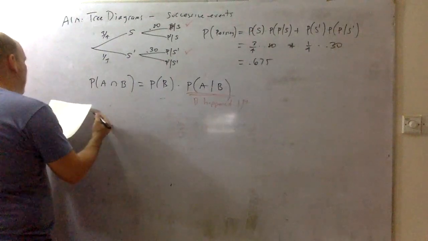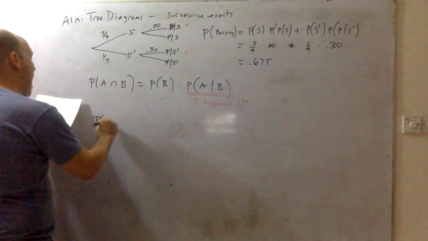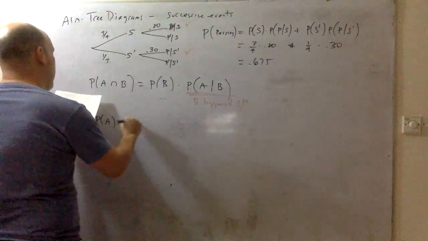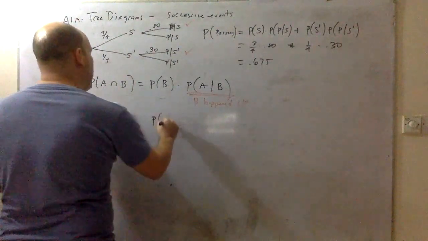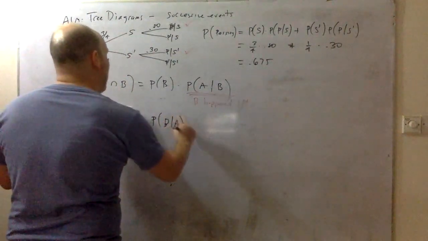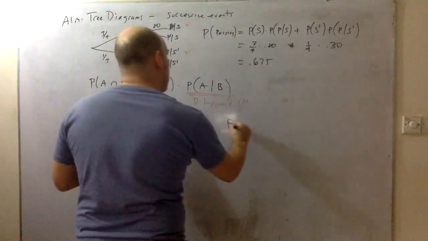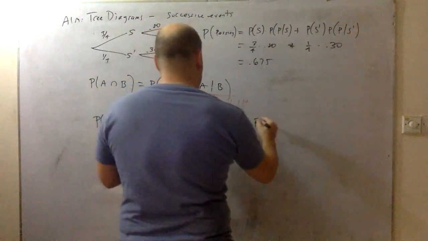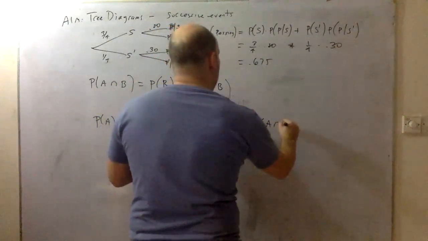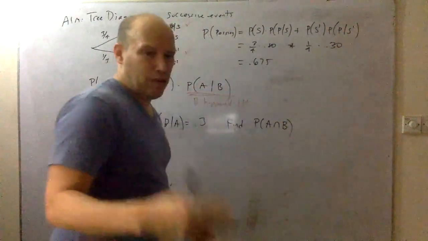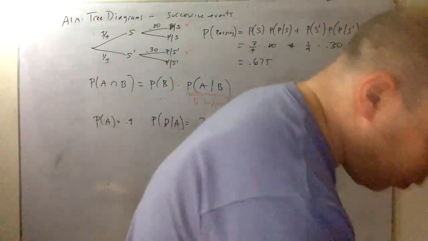Problem 1. They say the probability of A is equal to 0.4, and the probability of B given A is equal to 0.3. They say find the probability of A and B. That's no big deal, right?